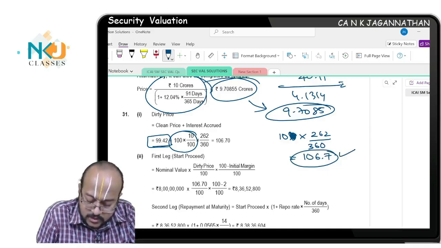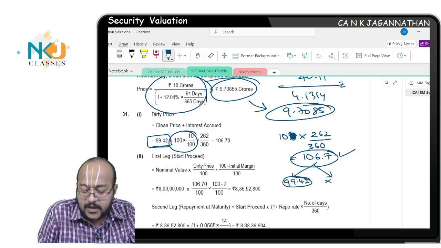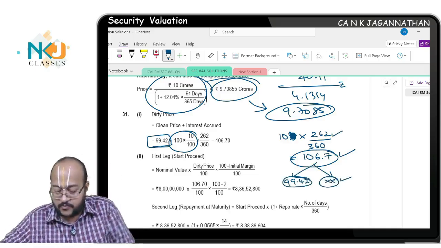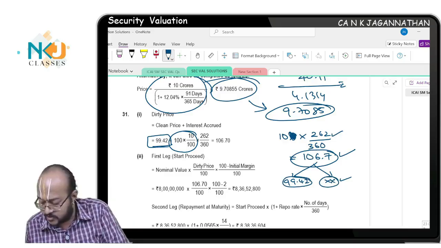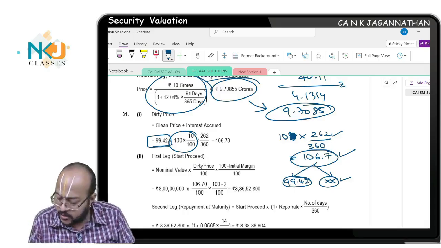In the 106.7 you have 99.42 as clean price, and the balance as accrued interest for these many days. 10 into 262 divided by 360, can you just work it out? One second. 2620 divided by 360 is 7.27.